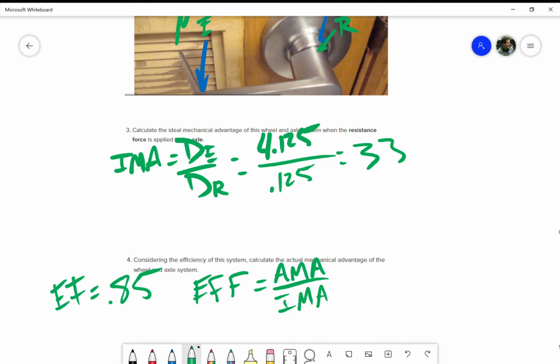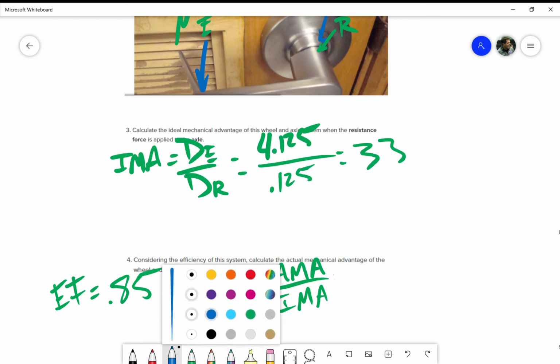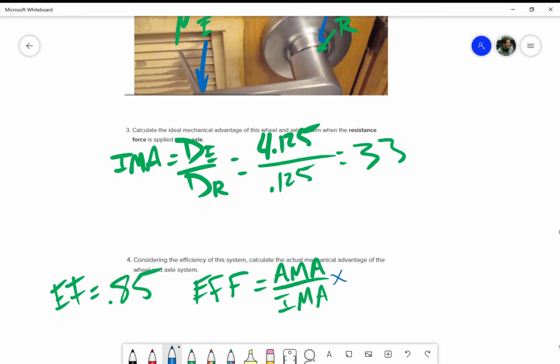So if I want to get AMA by itself, let me do that real quick just to show the algebra. My AMA is going to be, I'm going to cross out my IMA, multiply on both sides, and I get my IMA times my efficiency is equal to my AMA.